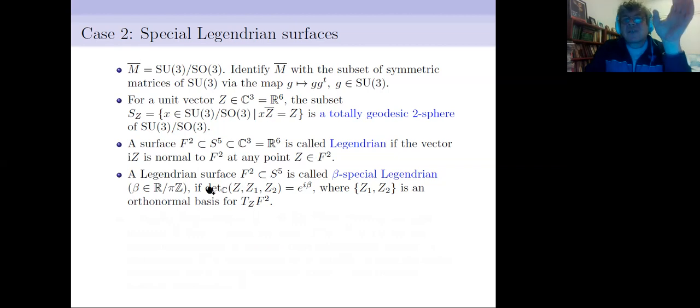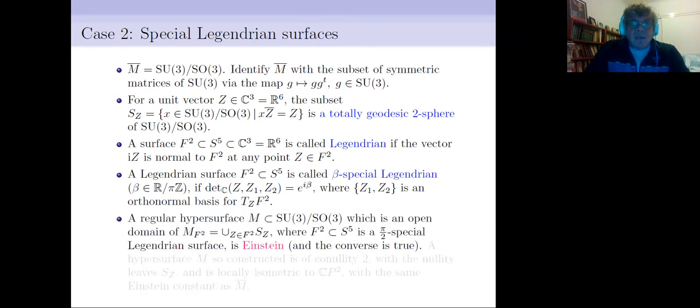Of course, the determinant always has modulus 1, so it's always e to the i something real. So a Legendrian surface is special Legendrian if this number must be a constant.